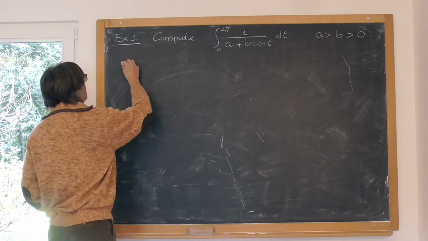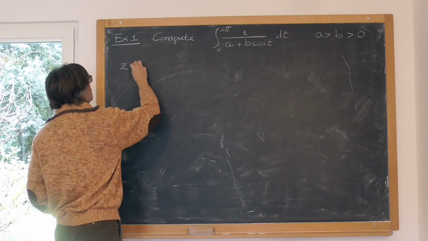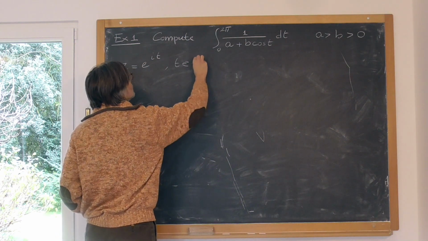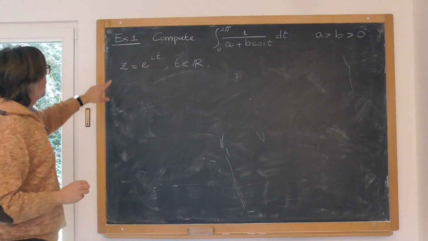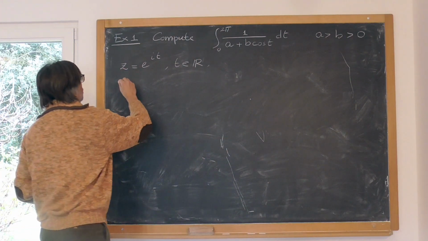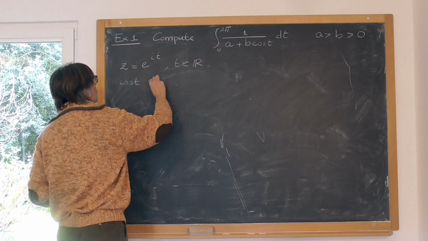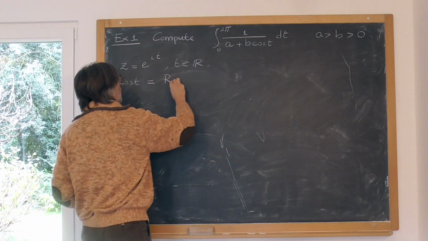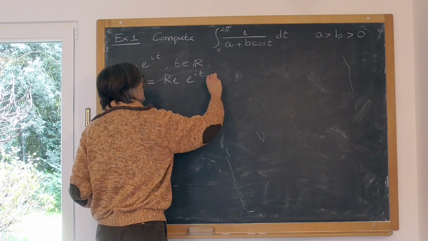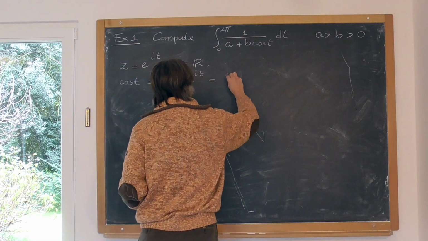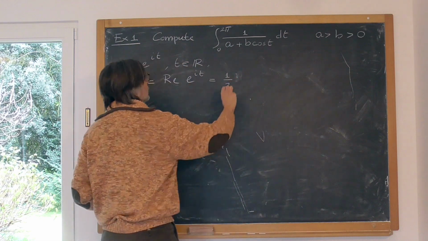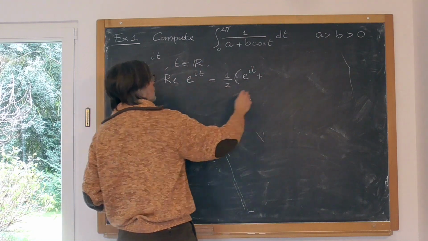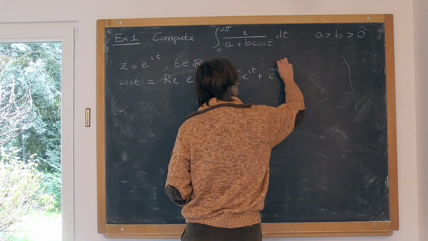More precisely, if we set z to be e to the i t, with t real, then cosine of t is the real part of e to the i t, and the real part of a complex number can also be written as 1/2 this complex number e to the i t plus the conjugate of the same complex number, so e to the minus i t.